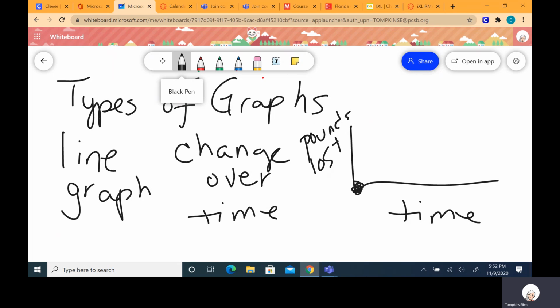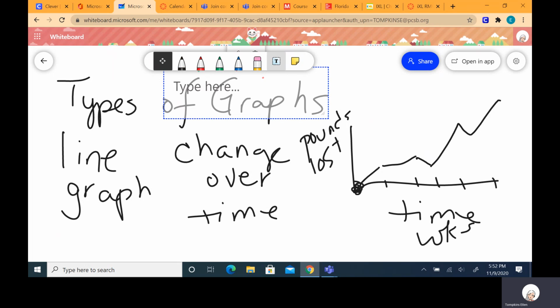If I begin my diet, I haven't lost any weight, but if I mark it out in weeks, 1 pound, 2 pounds, didn't lose any, and it would go like that, change over time. Or my weight would change over time. This would be the pounds lost. It would look a little different if I used weight, but it's changed over time.